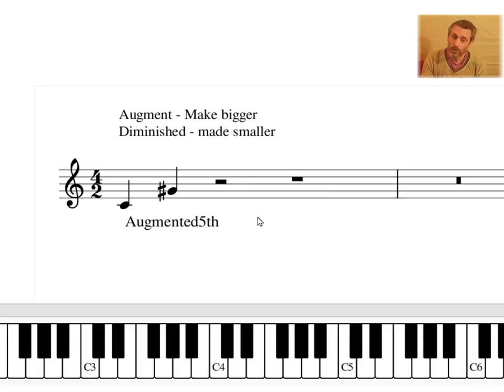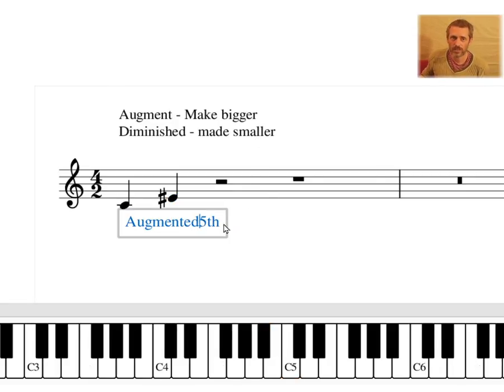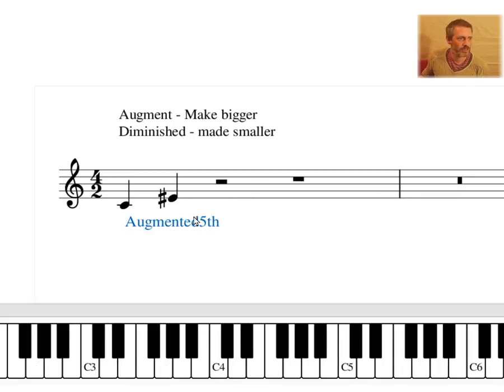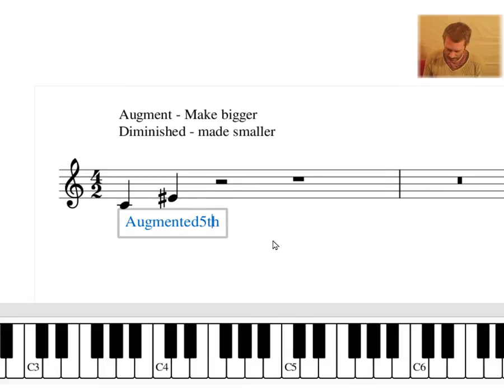So it's 1, 2, 3. So if we have this note here, as it's E sharp, it's got to be something 3. So that is going to be an augmented third. And that's how that works.